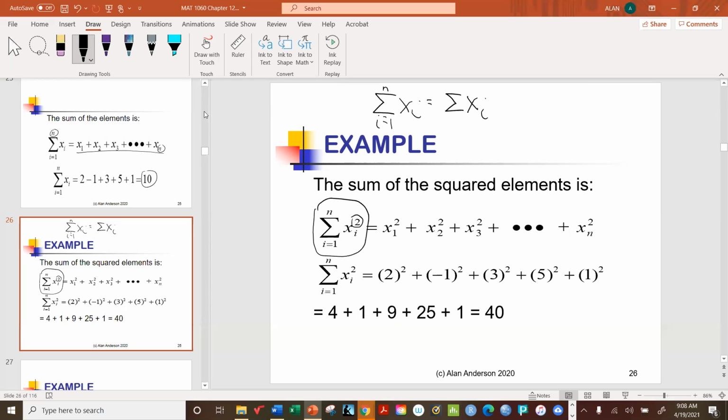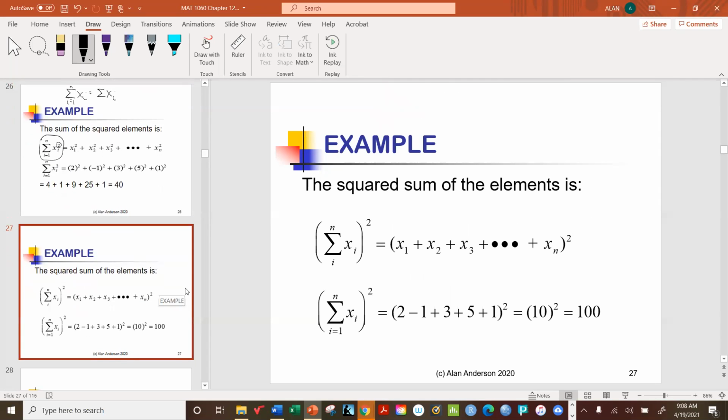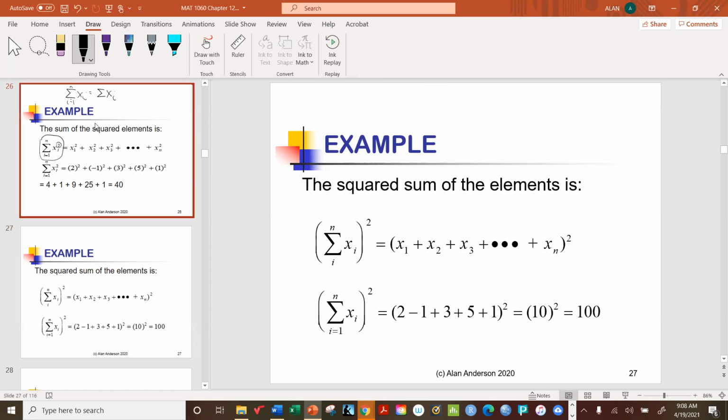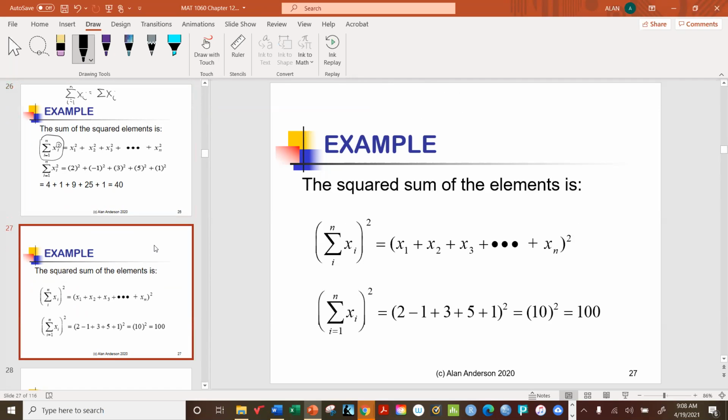All right. Here's another example. Now, this one is really tricky because look what's happened. Instead of this, let's go back and look at this one again. Here we have the sum of the x squares. This is different because the entire sum is being squared.